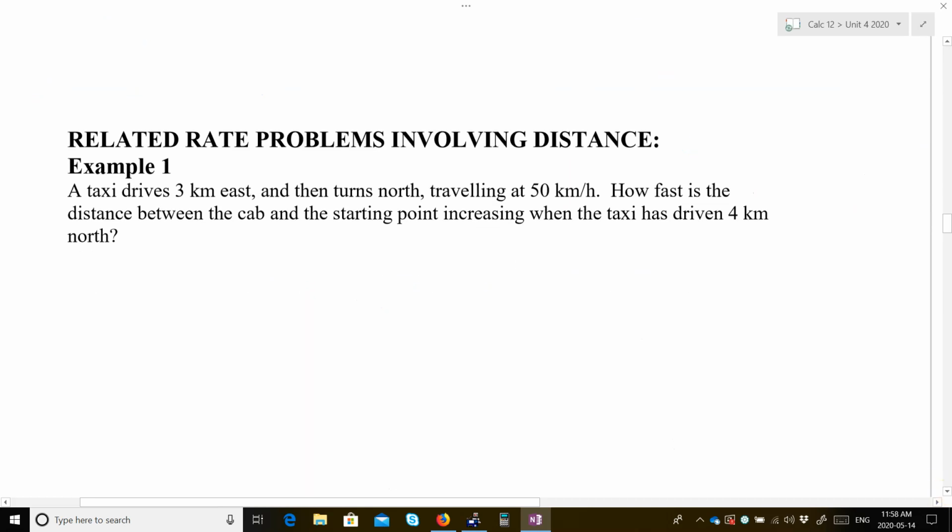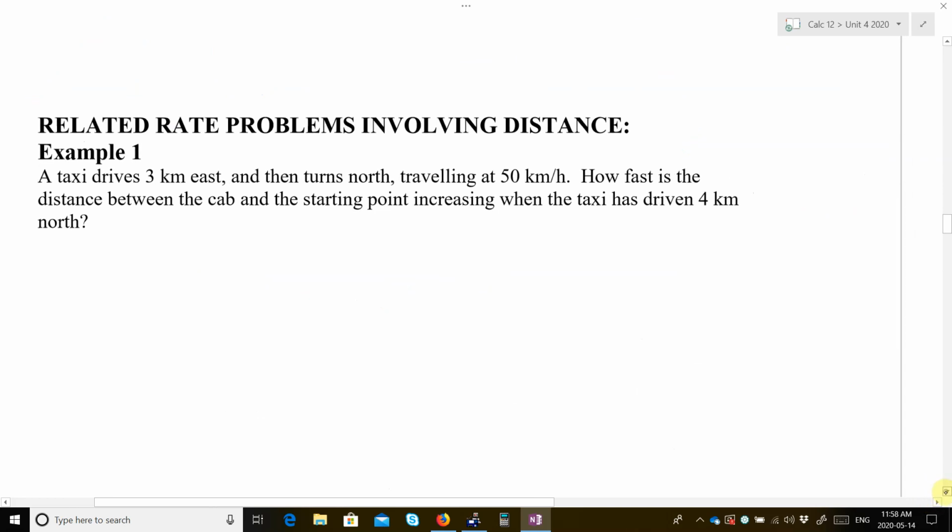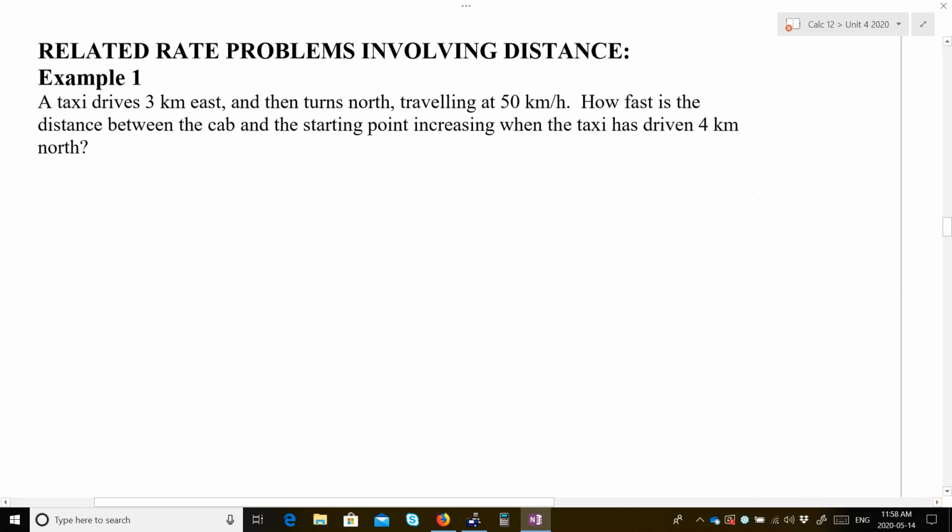Okay, so now we'll get on to some related rate problems involving distance. Example 1: a taxi drives 3 kilometers east and then turns north, traveling at 50 kilometers per hour. How fast is the distance between the cab and the starting point increasing when the taxi has driven 4 kilometers north?